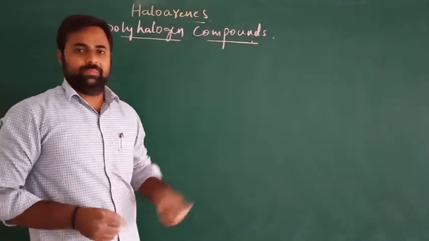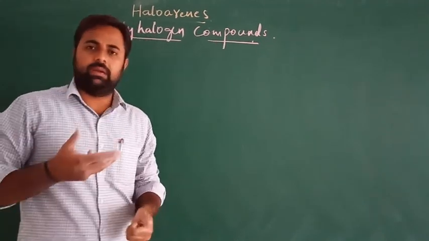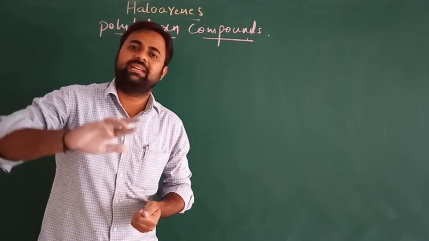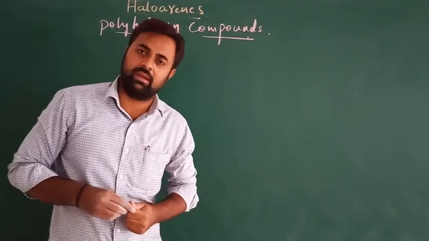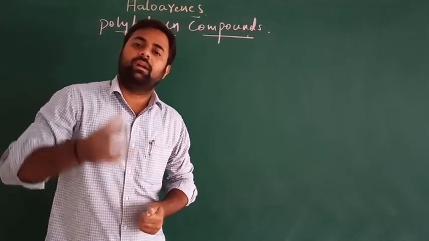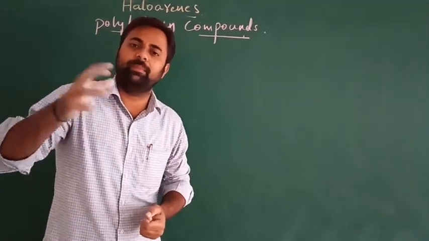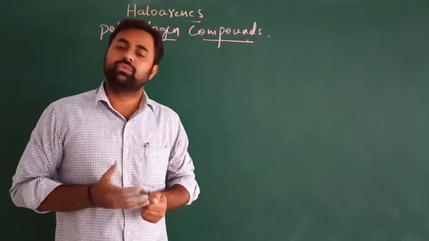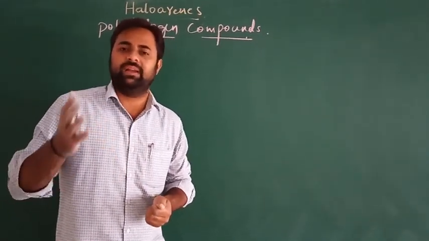Polyhalogen compounds are carbon-containing compounds which contain more than one halogen, and they are also called commercially important compounds. Why are they called commercially important? Because they are very useful in agriculture as well as in industries.